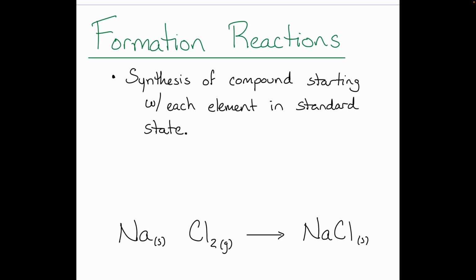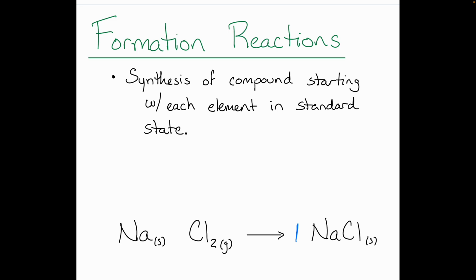All right, there's another kind of weird thing about these formation reactions, which is totally illegal in any other balancing that we've been doing thus far. And that is, we're going to balance this chemical equation specifically so that our product side coefficient remains 1. We're going to force that product coefficient to be 1. So then the only way that we can do this is by using fractions to balance our chemical equation.